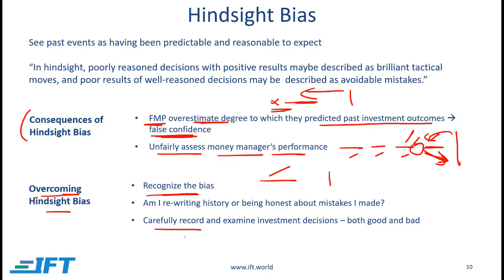We should also carefully record and examine investment decisions, both good and bad. So if all these decisions are carefully documented, then later on we can look at what happened. So for each decision, we can say what decision was made, what was the justification, what are the expectations, and then look at what happened. And when we look at our past record, that will over time help us overcome the hindsight bias.